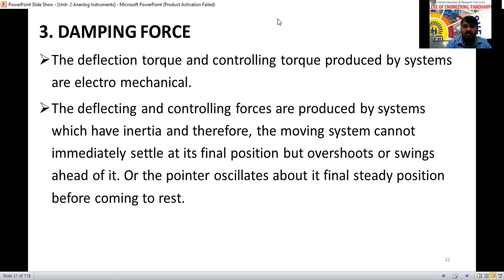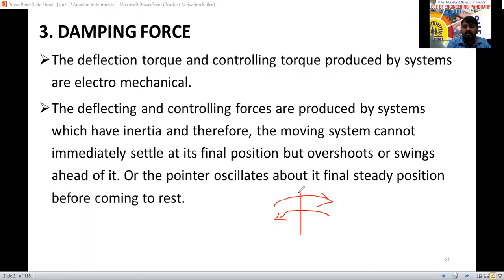Deflecting torque means because of the deflecting torque, the pointer is moving from 0 to a non-zero value. Because of the controlling force, it goes from non-zero back to zero. In between these two forces are applied, so it will not settle at once. It will take some time to settle to the particular value.